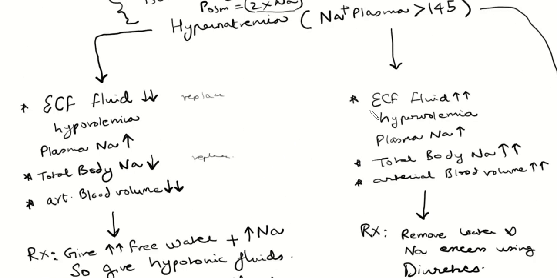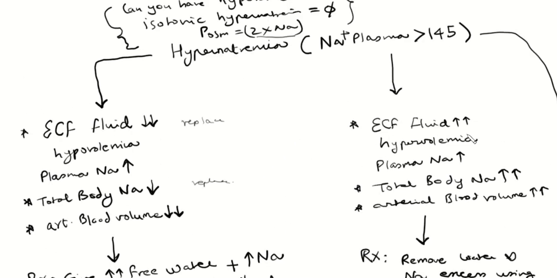What if your ECF is high, you're hypervolemic, and your plasma sodium is high, which means your total body sodium is going to be very high? What are you going to do? Man, I got too much fluid. I got to diurese. I got to put them on fluid restrictions. What about total body sodium too high?